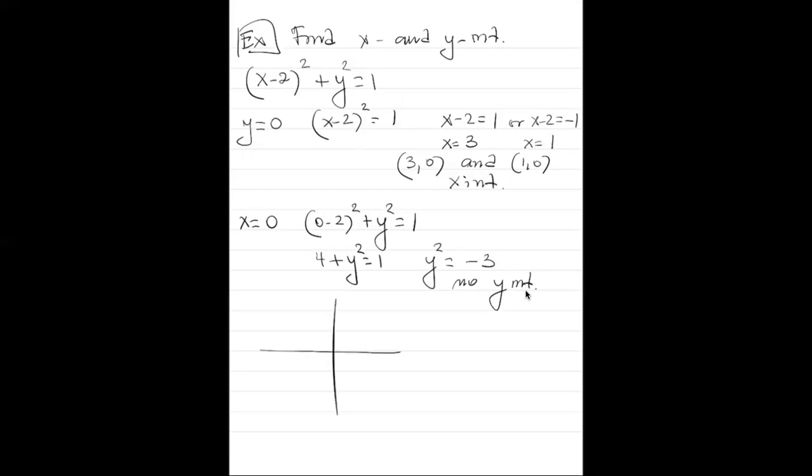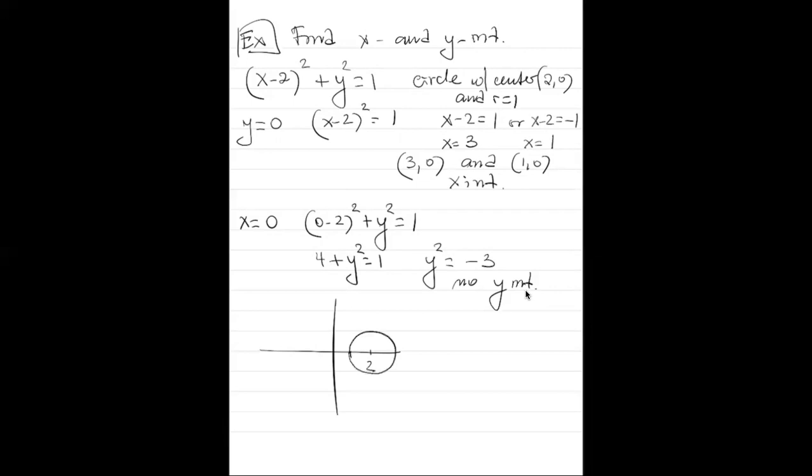So let me sketch a picture of this circle. This circle has a center 2, 0 and radius 1. We know that from the equation of a circle. So I can sketch it with a center 2, 0 right here and radius 1.